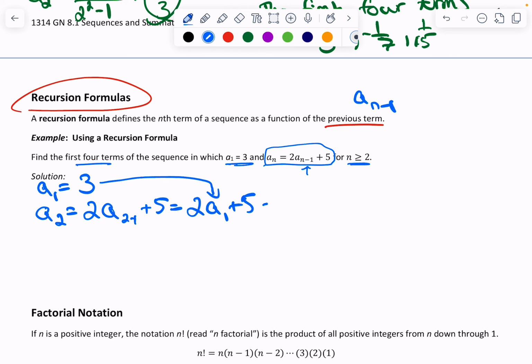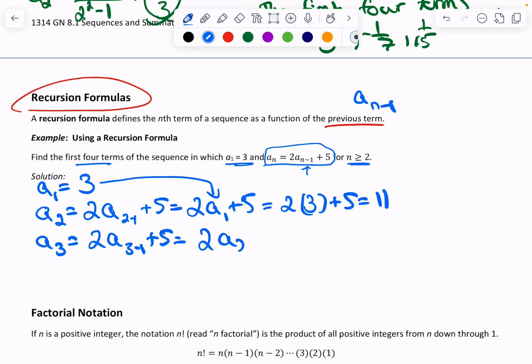So we're going to rewrite 2 times 3 plus 5, and we get 11. Third term is going to be 2 times a sub 3 minus 1 plus 5. So 2 times the second term plus 5. Well, our second term is right here, which is 11. So 2 times 11 plus 5 is going to be 27.